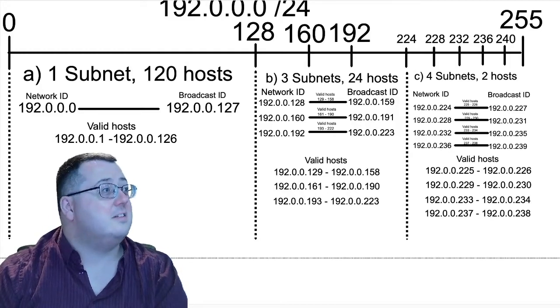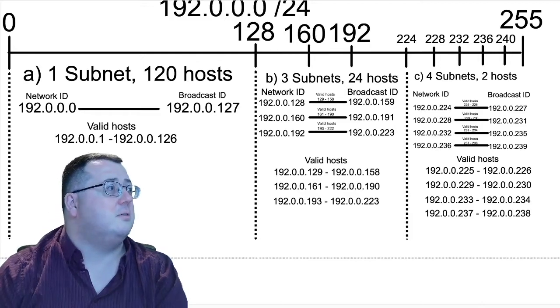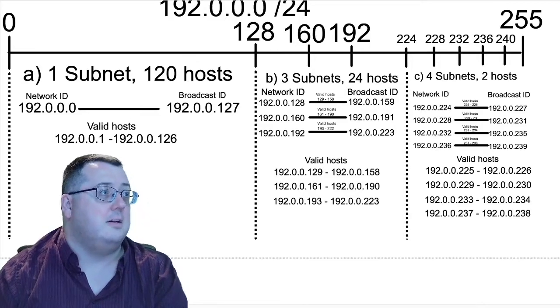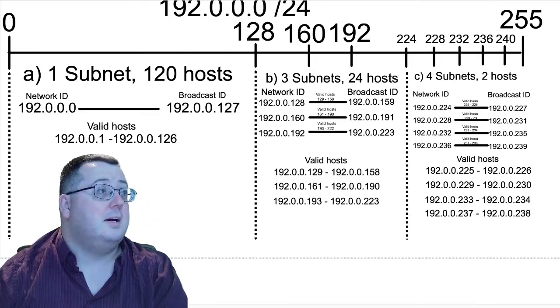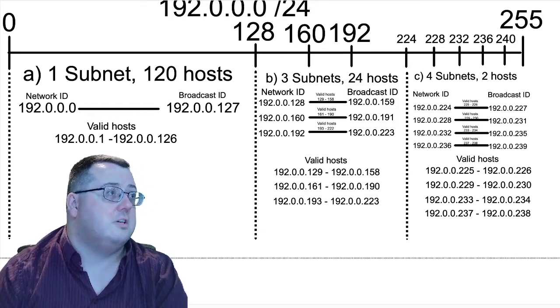But I think this really does explain it nicely as to what VLSM is all about. It's about splitting ranges into subnets, and those subnets will have a certain amount of hosts in each subnet, and users and devices will be on those subnets.